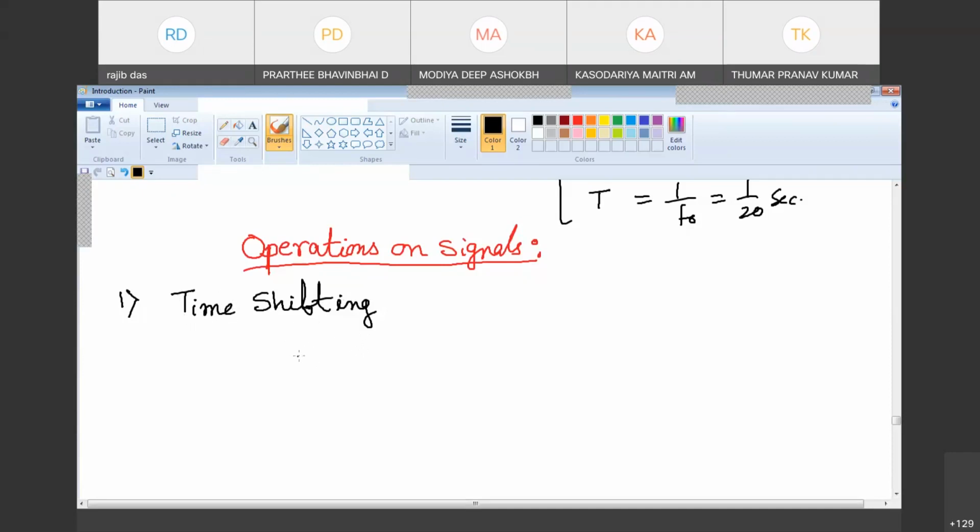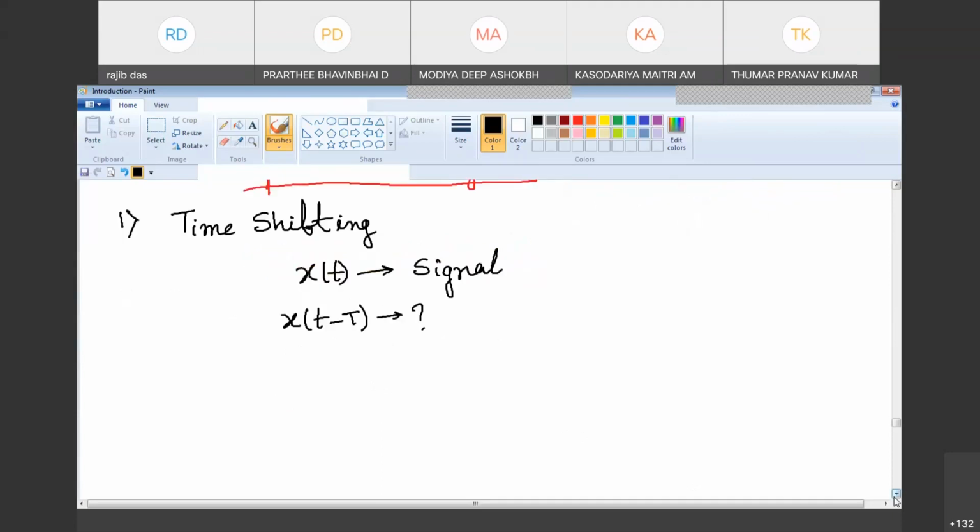If my original signal is x(t), what is x(t minus T), where T is a capital T? What is the meaning of this? That we want to understand. I'll take one example.